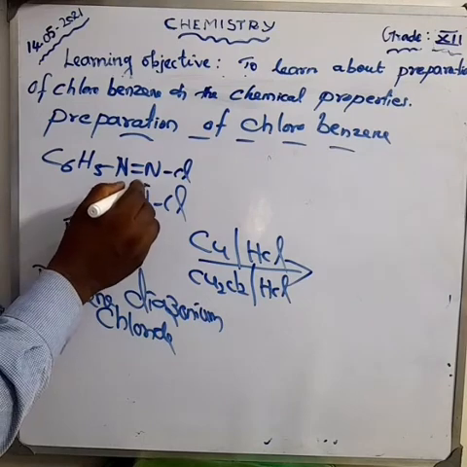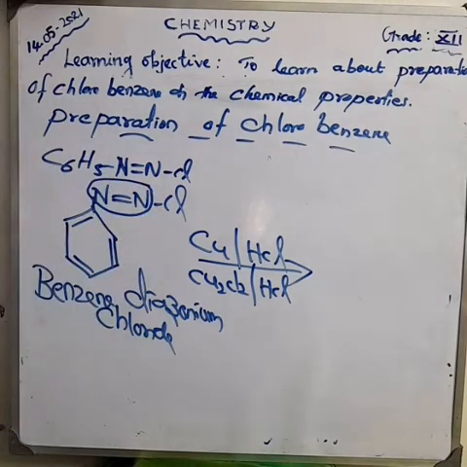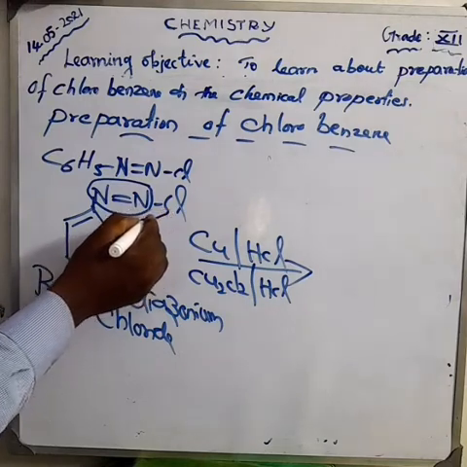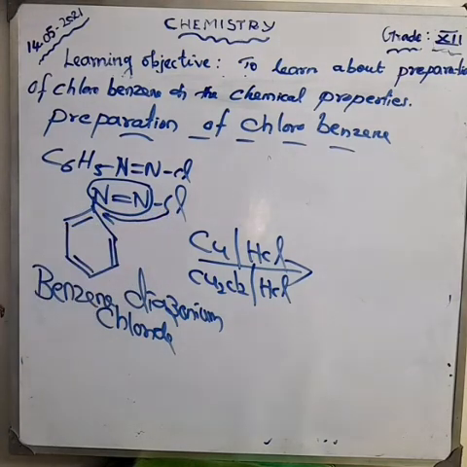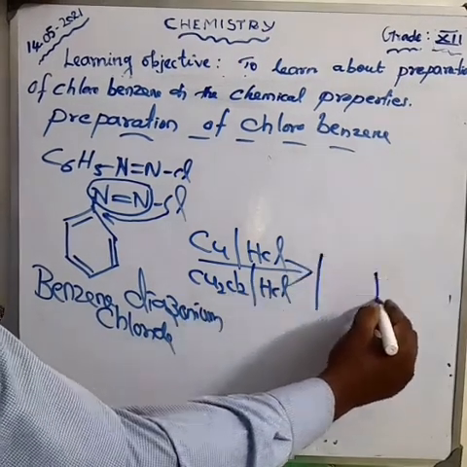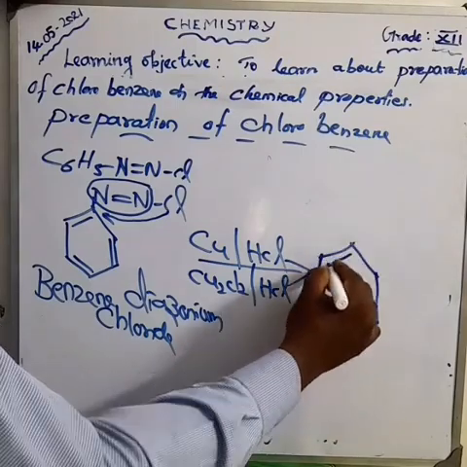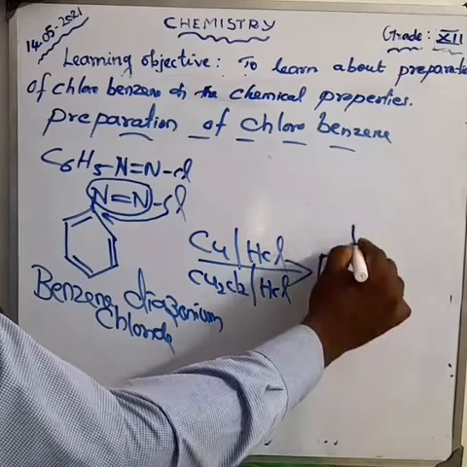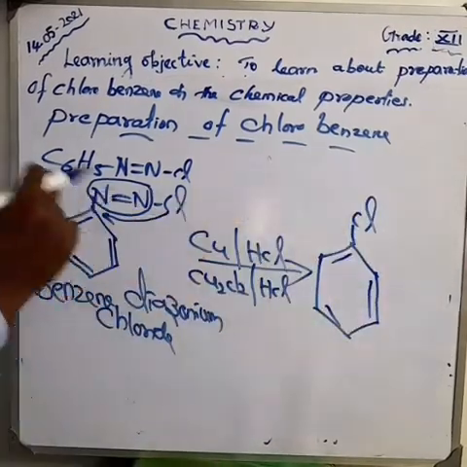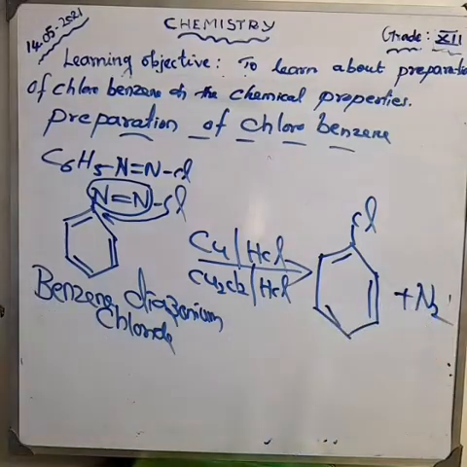Here the nitrogen is leaving out as N2 gas, and the chlorine atom will be attached to the benzene ring. We get chlorobenzene, and thus we get nitrogen gas.